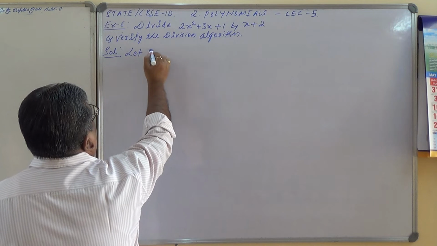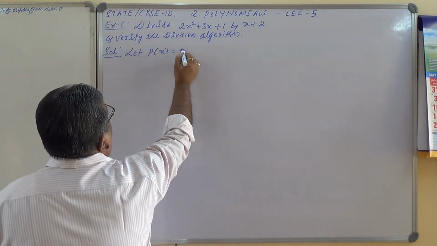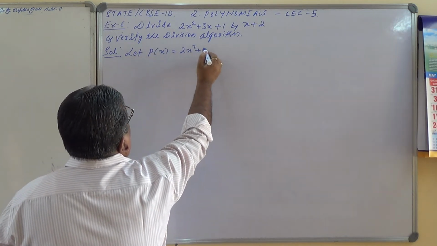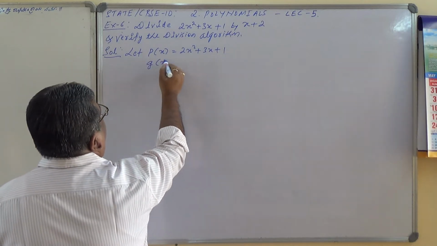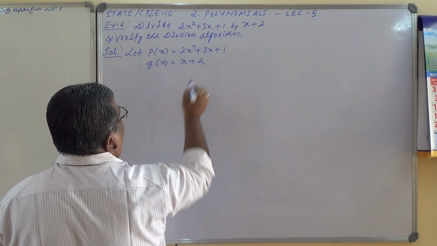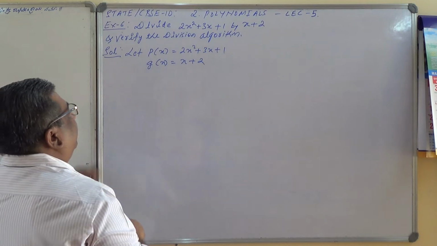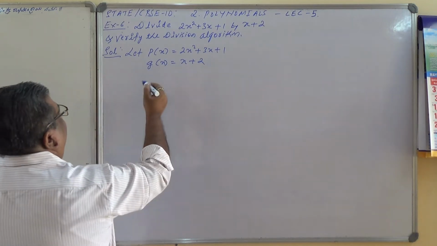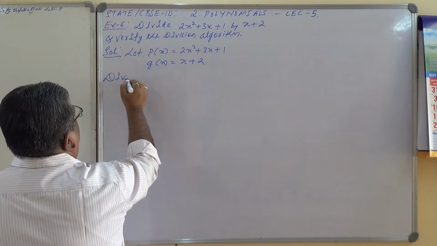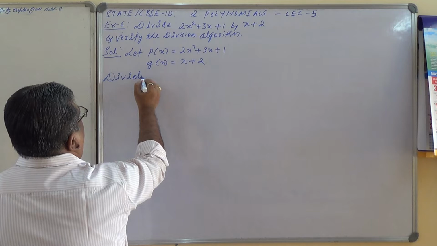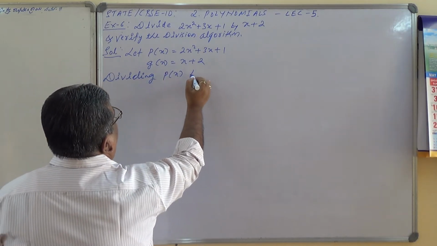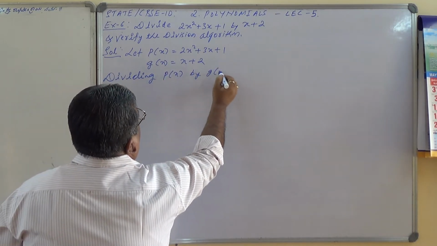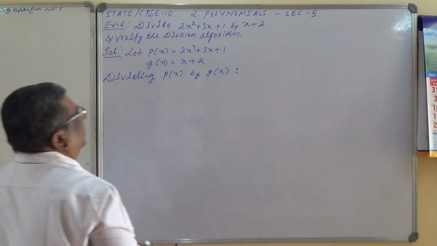Let p of x equals 2x square plus 3x plus 1 and g of x equals x plus 2. Now dividing p of x by g of x, we get... what is that we get?